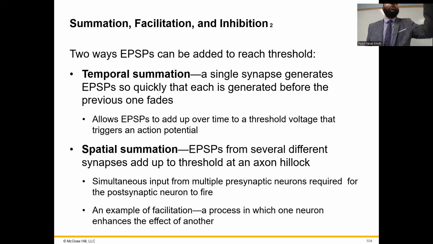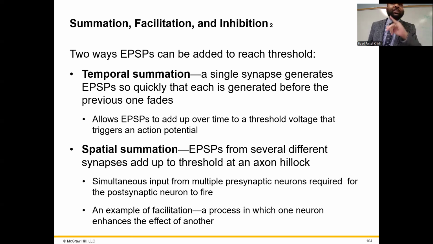So we summate, we add up. It's like you're putting money in the bank and you keep accruing until you reach that threshold that enables you to buy what you want. So here, we cannot reach minus 55 at once. So we go up, minus 10, add to it another minus 5, add another minus 15, add another minus 20, until you hit minus 55.